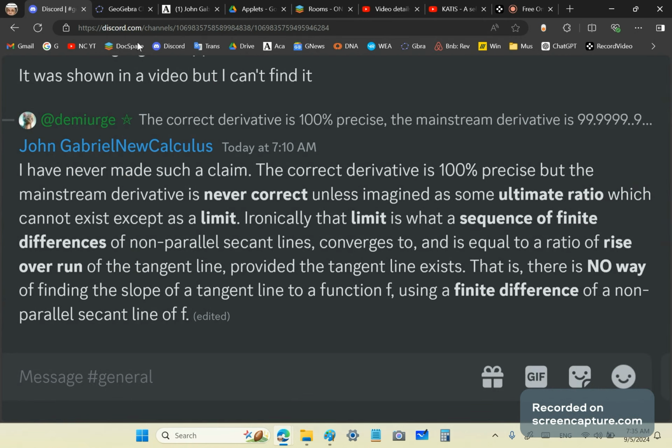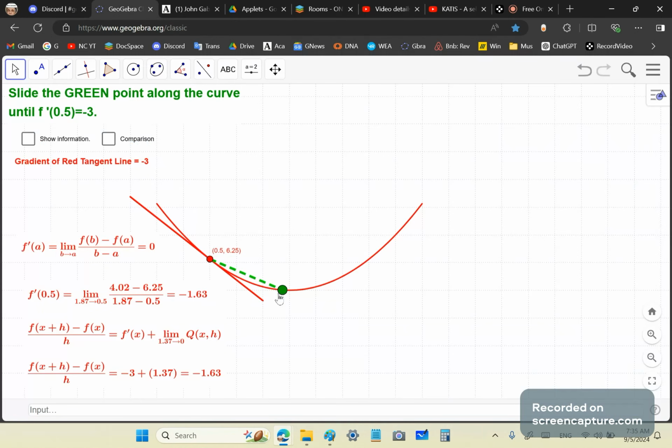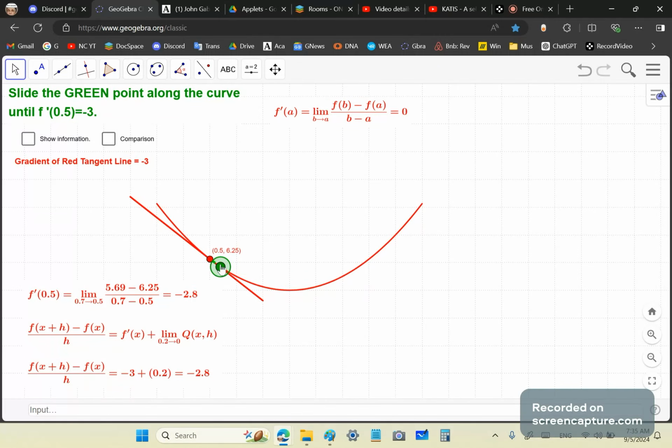What does that mean? It means that this very bullshit mainstream definition that you see here, right on the top here, is telling you that as these 2 points begin to come closer and closer together, that somehow this finite difference, okay, the one that you see here, will be equal to the derivative.